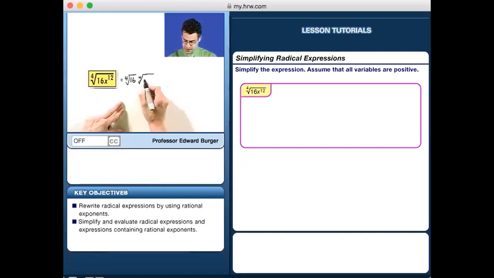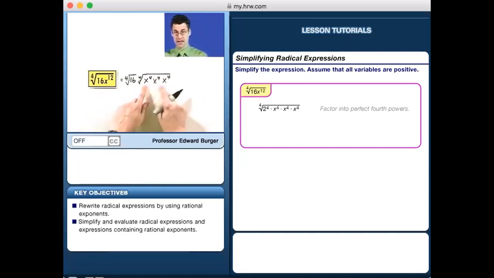Now, x to the 12th is actually x to the 4th times x to the 4th times x to the 4th. Why? Because when multiplying numbers with the same base, we add the exponents. 4 plus 4 plus 4 is 12.